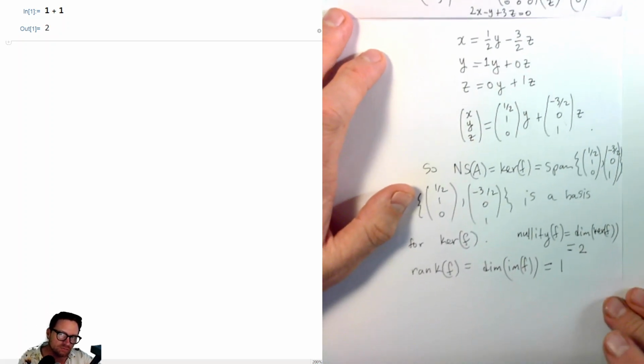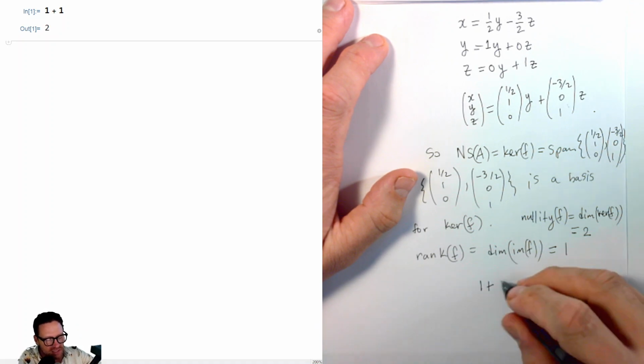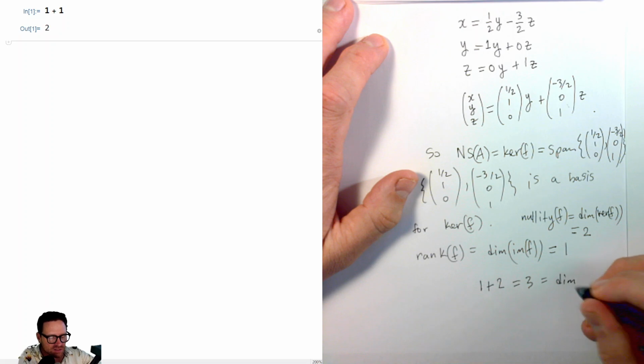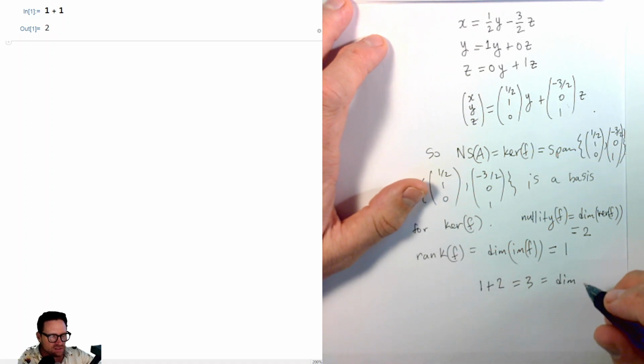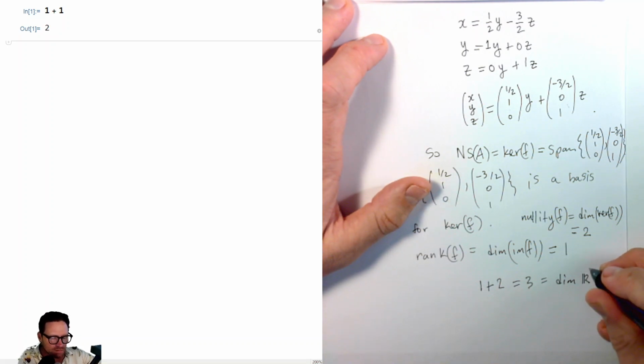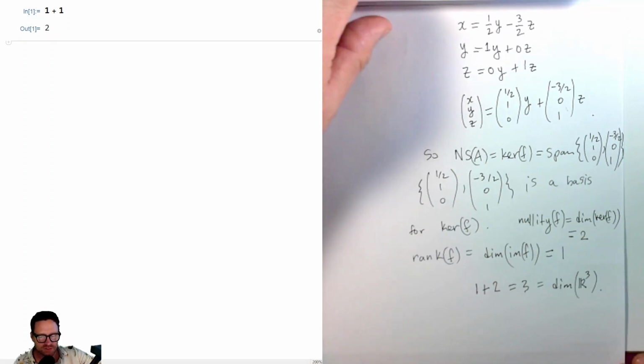Okay, and so now we should just note that rank plus nullity is 1 plus 2, which is 3, which is the dimension of the domain R3. Okay, let's move on to the next page.